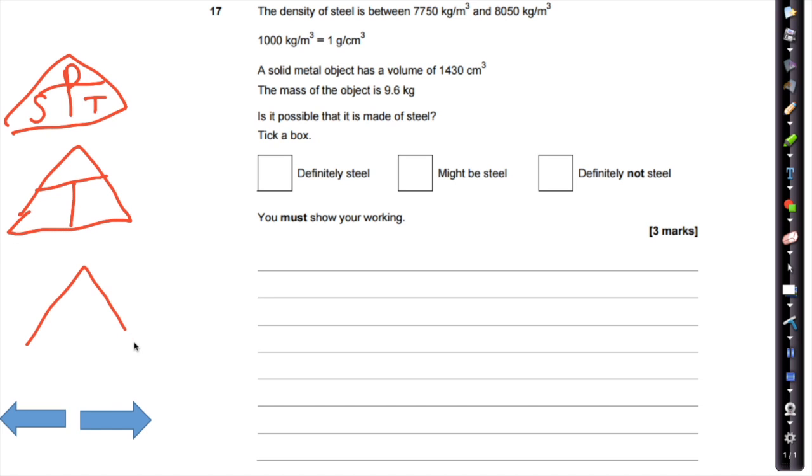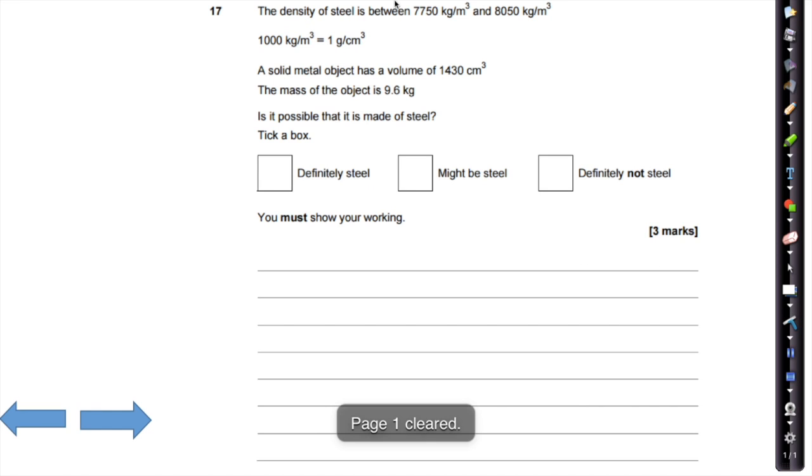Your other two compound measures which are important to remember are pressure and density. Density is going to be the one useful here, but it's worth thinking, what are they? Pressure is force over area, and density is mass over volume. However you remember these, it's worth memorizing a couple of extra triangles, because they will turn up in some way.